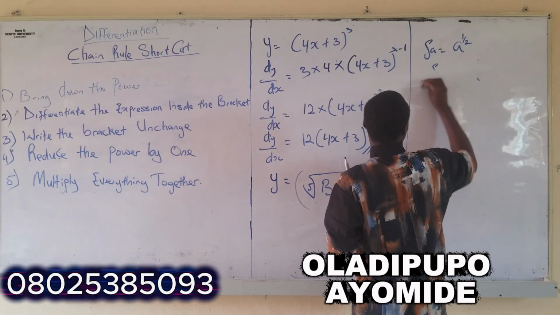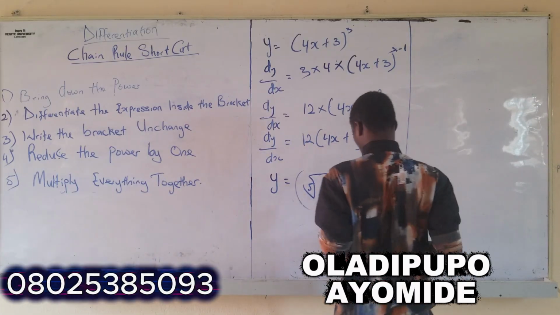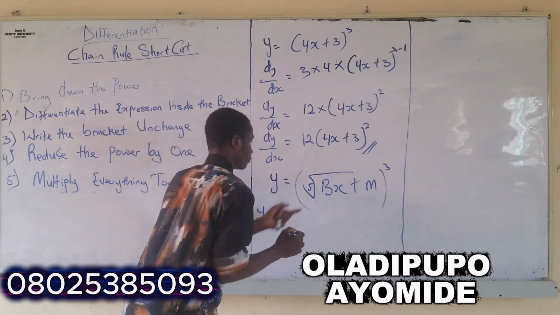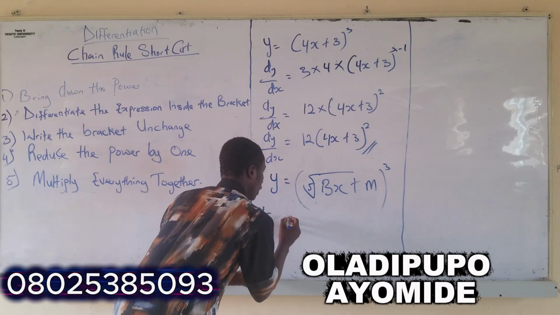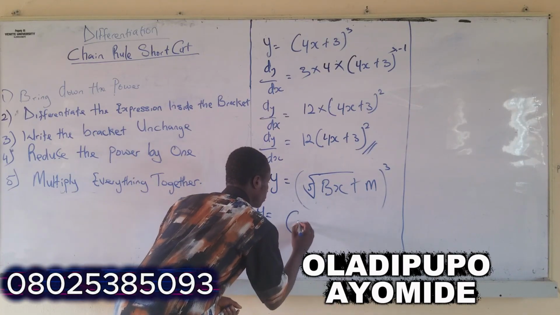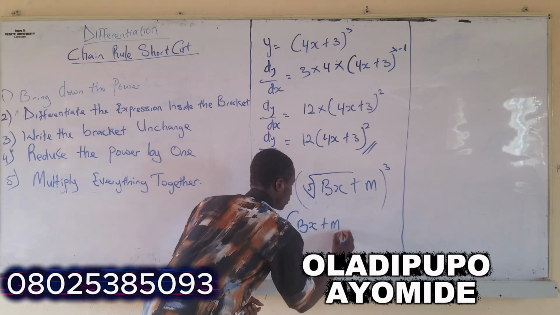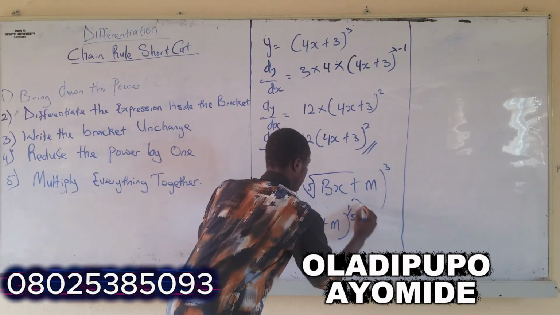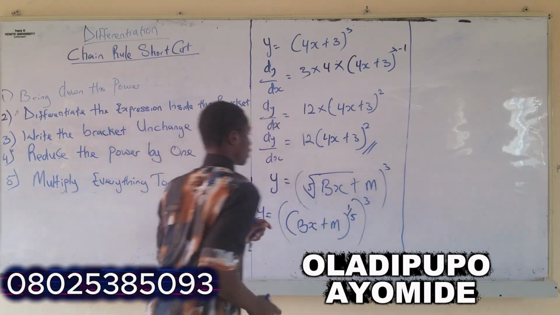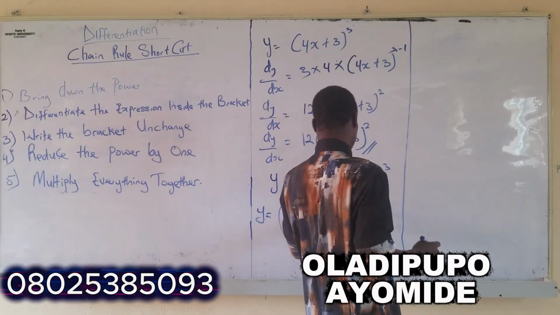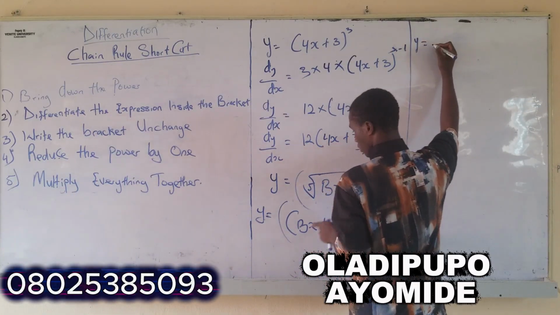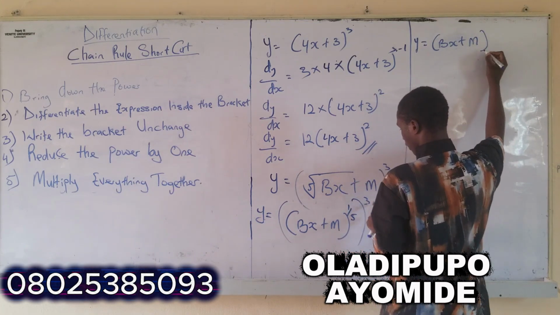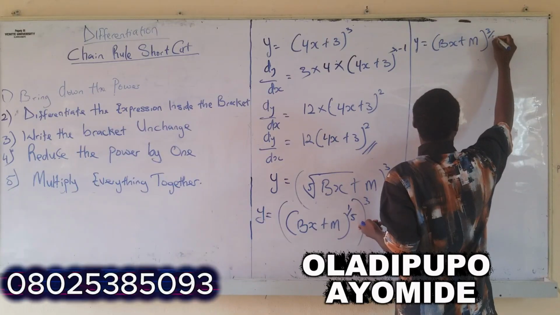Then you can say our y is equal to (bx + n) raised to power 3 over 5, because 3 times 1 becomes 3, and the 5 stays below.